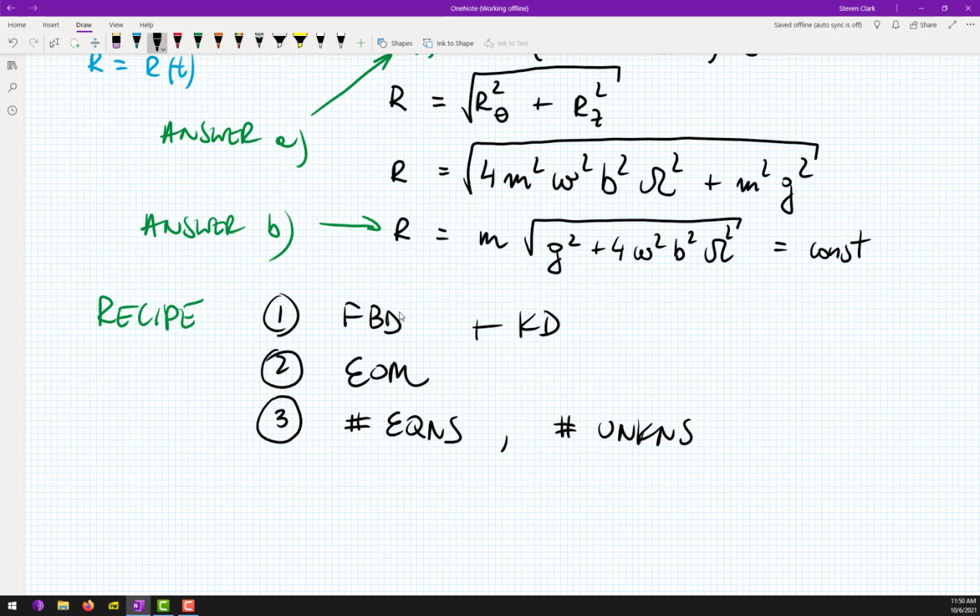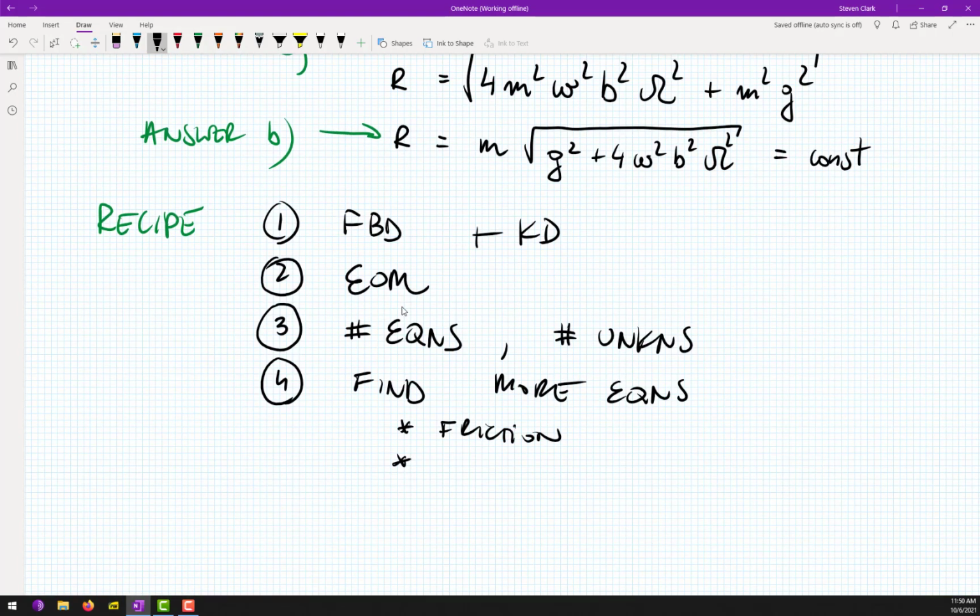We will have too many unknowns to solve our problem. So what would be step number 4? Find more equations. And where can you find them, guys? For example, friction. Or, for example, a kinematic constraint, like a rope. And once you have the same number of equations and unknowns, then just do algebra and you are done with the problem.